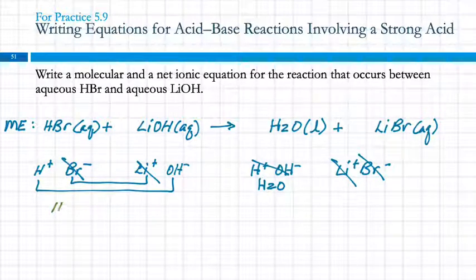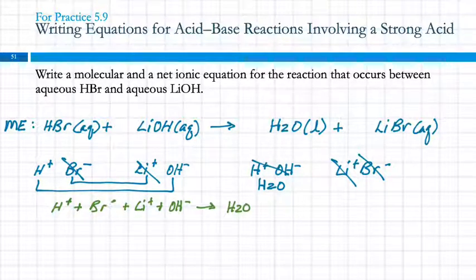So what I did there is I'm looking at this like this. These guys are all ions. I rewrote this one because it does not get separated, and so this is what I'm seeing in my mind.